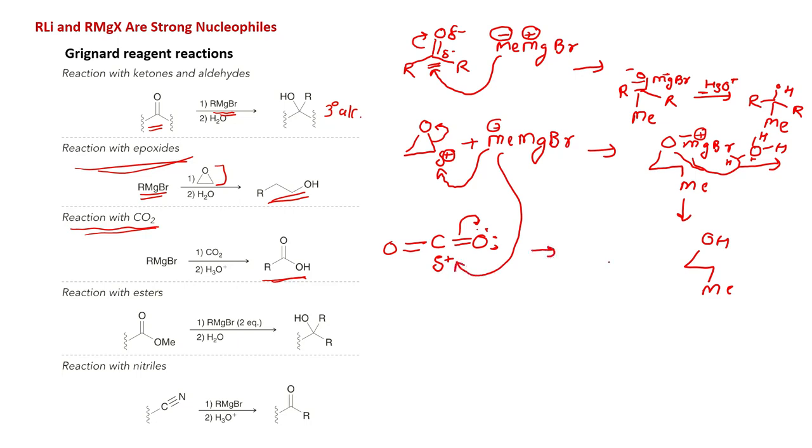It will give you CO, O negative, MgBr, and methyl here. And this will abstract hydrogen from hydronium ion and this will give you carboxylic acid.